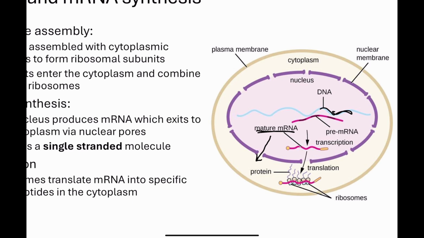When we're looking at the cytoplasm, we already have our ribosomes assembled. So once our mRNA enters the cytoplasm, it's going to thread itself through the ribosomes like this. And once it threads itself, the ribosomes are going to translate that mRNA into polypeptide chains, which are the first level of protein structure.